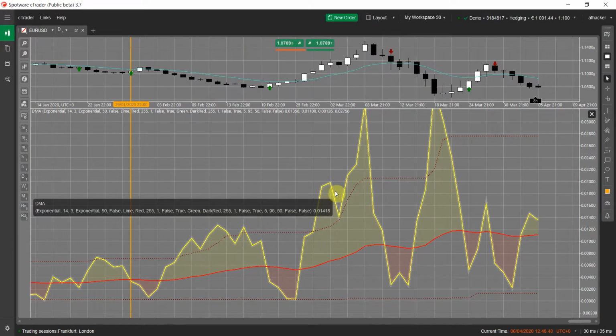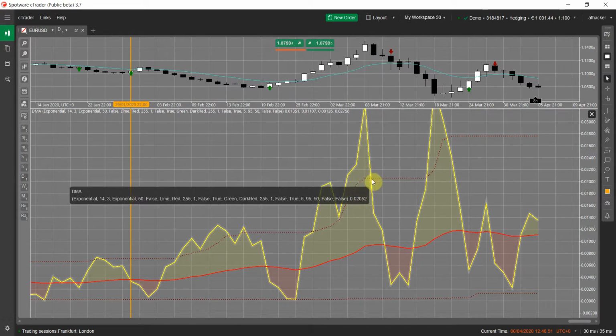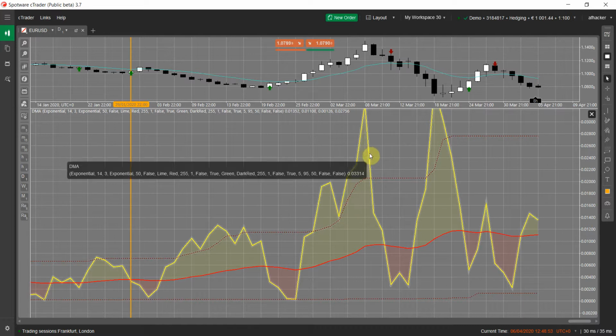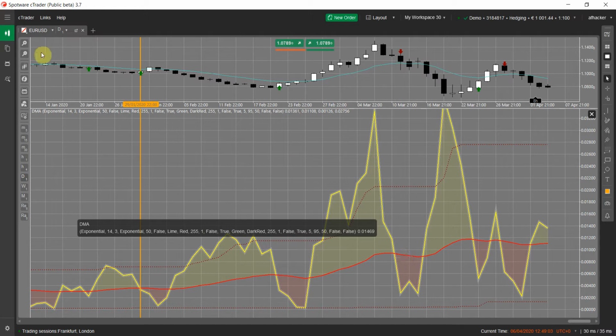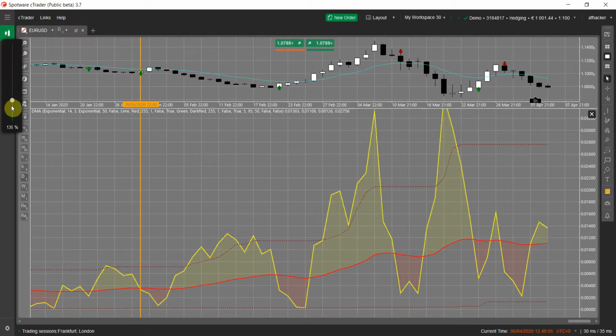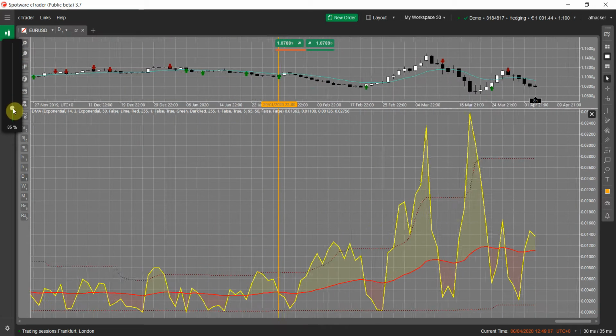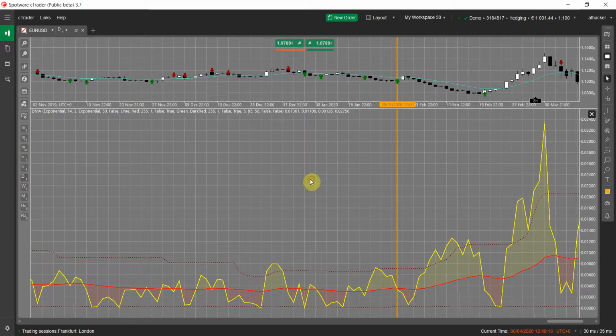Then you have a band like a Bollinger Band, and whenever the distance goes above those values, it means the price is already too far away from its mean or moving average, and the chance of a reversal is very high. So the indicator can be used for different purposes. The idea of moving average distance is already used for different purposes.